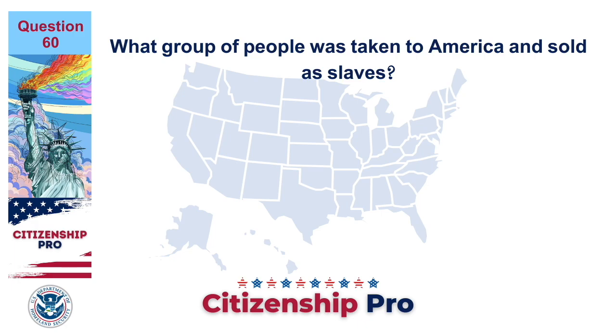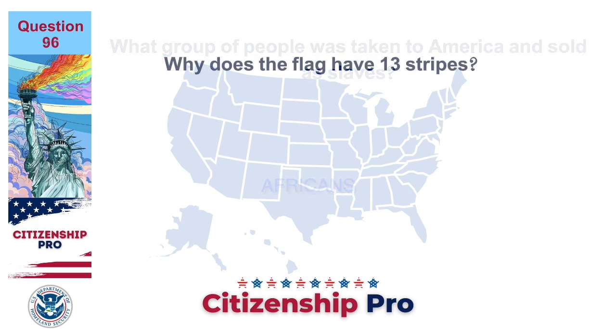What group of people was taken to America and sold as slaves? Africans. Why does the flag have 13 stripes?